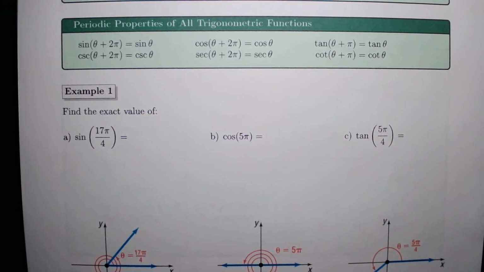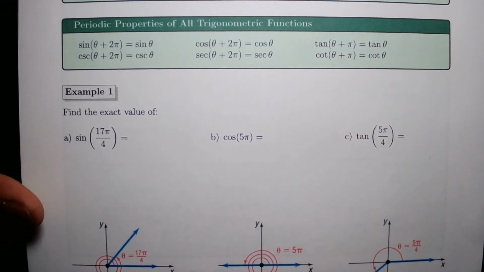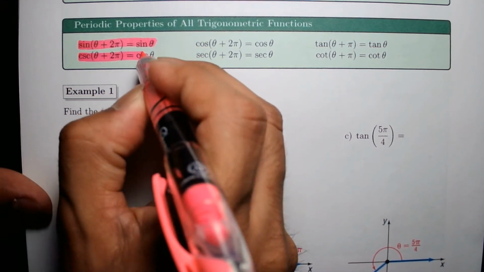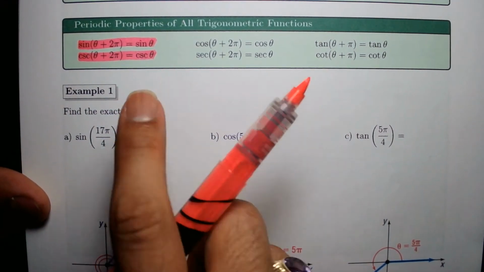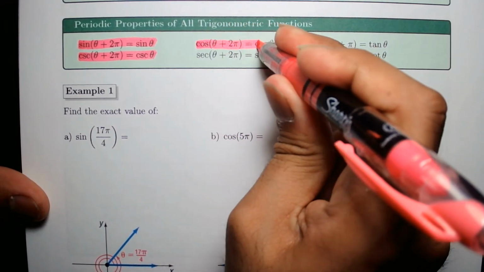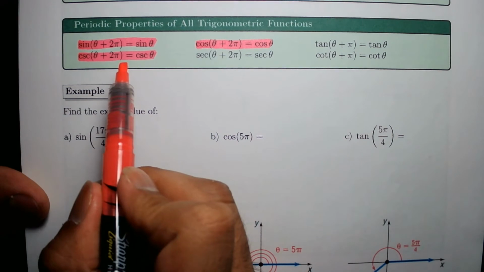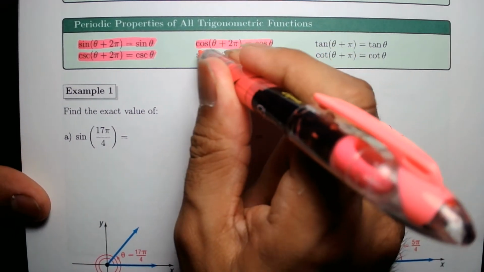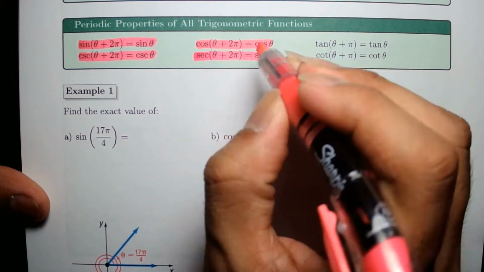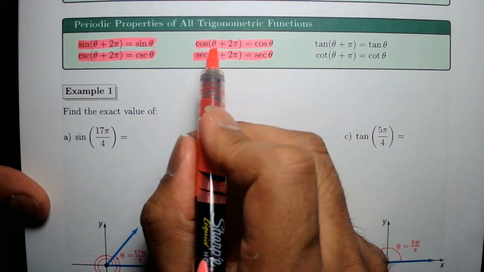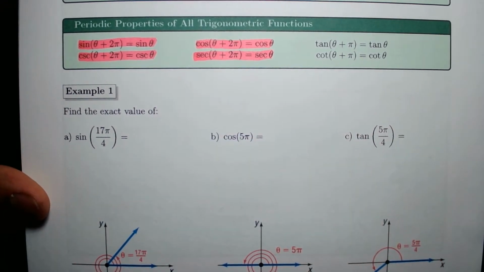One thing we need to be very, very careful about: like we mentioned on the previous page, sine and cosine share the same period, 2 pi. And of course, it's no surprise that their respective inverses, cosecant and secant, share the same periodicity.